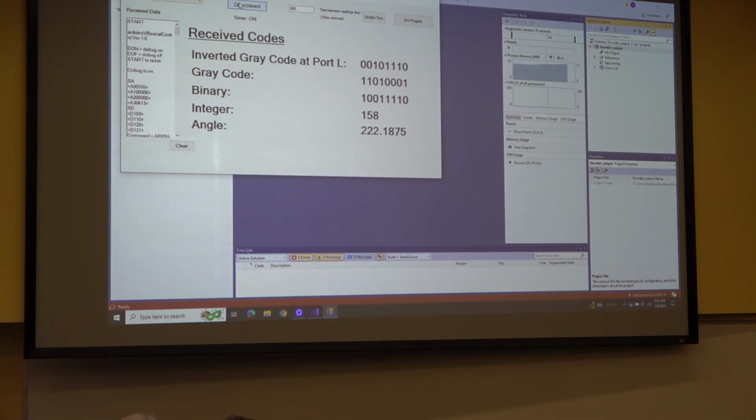For this particular model of encoder, I had to actually light up the internal LEDs with a 12-volt power supply. But immediately, as soon as I lit up the power, it knows the shaft angle. 222.20 degrees.